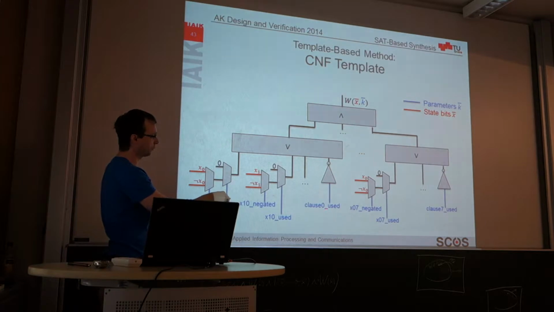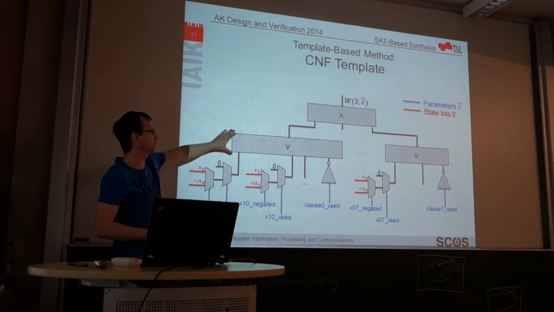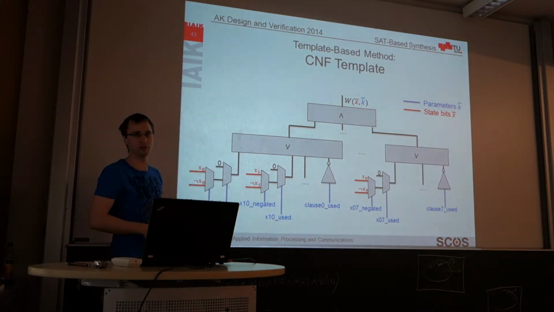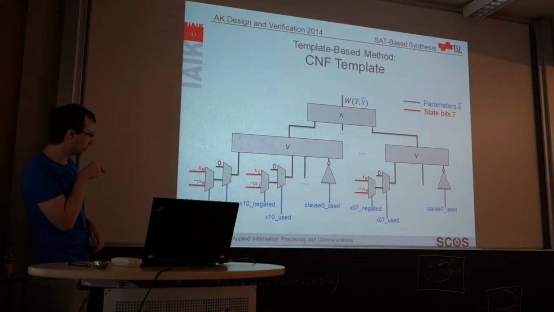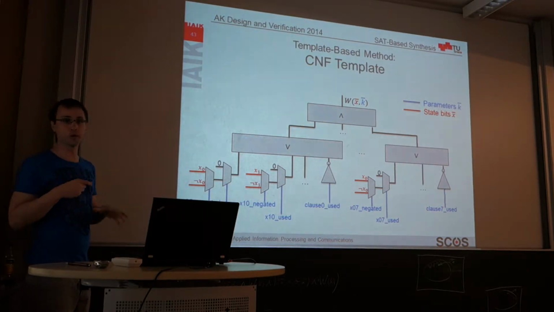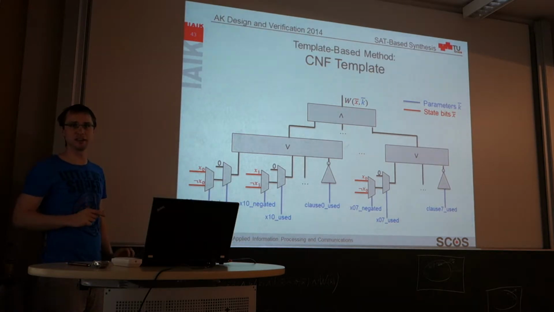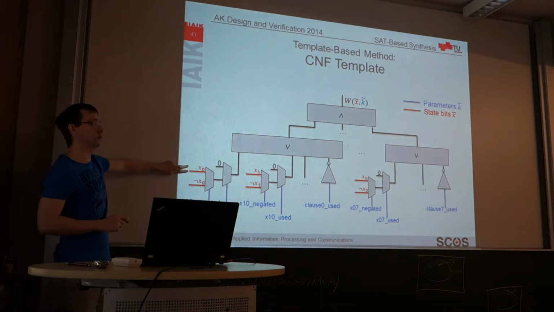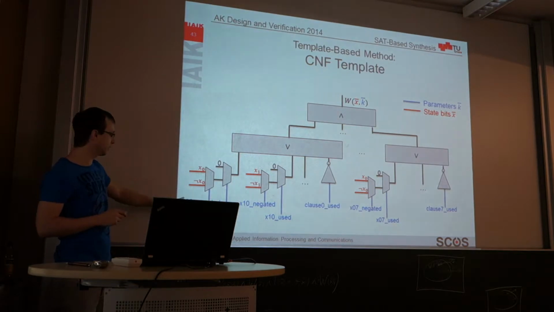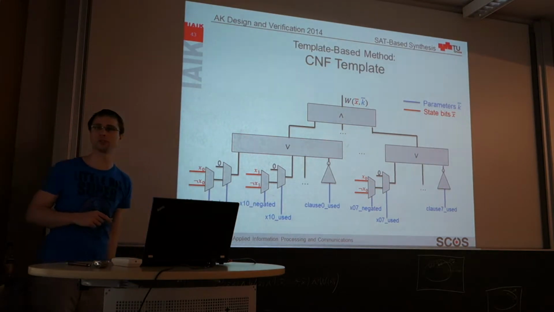We can also have template parameters which define whether a certain clause is actually used or not used in the entire formula. So once we have fixed concrete Boolean values for all the blue signals here, we have a concrete formula over our state variables, a concrete CNF formula. Certain state bits are negated, certain state bits are unnegated, depending on our choice of all these variables.